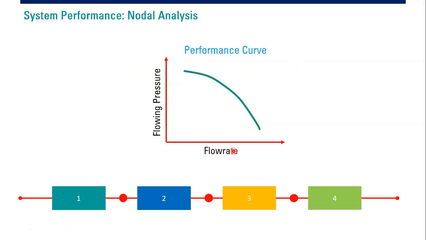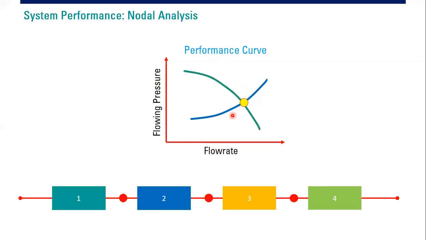Let's say we have element 1 with performance shown by this curve. We also have element 2, block 2, which has a performance that can be described by this performance curve. Maybe you start to understand where I am going.